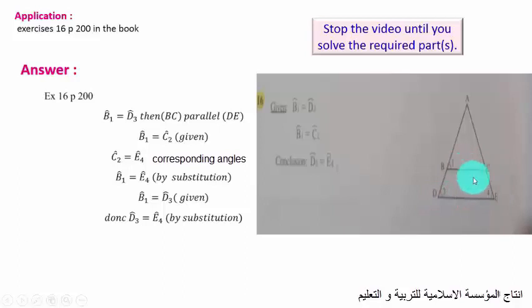And now the two lines are parallel, so we deduce that angle C2 is equal to angle E4. They are corresponding angles. So now we can set that angle B1 equals angle E4 by substitution. But given B1 is equal to angle D3, so we conclude that angle D3 is equal to angle E4.